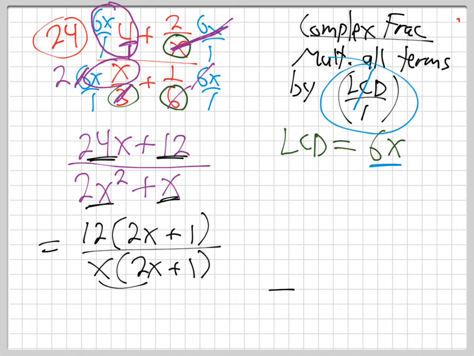X times 2x is 2x squared. X times 1 is x. Those cancel. 12 over x. Does that make sense? There's a lot of steps on that.